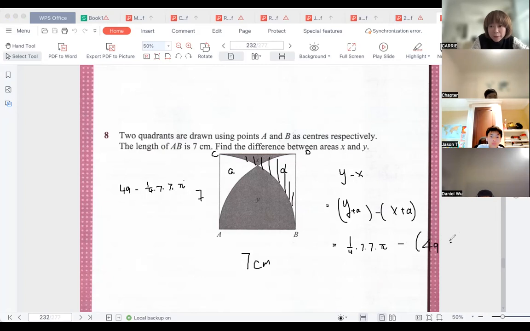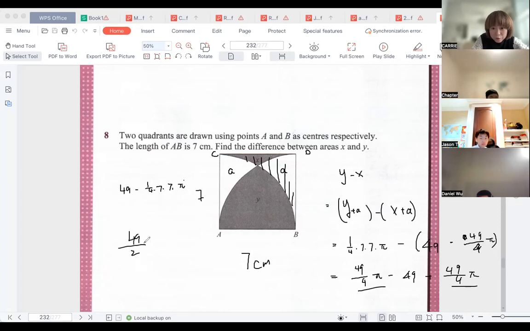So 49 over 2 pi, 对不对? Now this one is over 4. So this is 49 over 4 pi minus 49 plus 49 over 4 pi, correct? And you can add these together to get 49 over 2 pi minus 49. So that's the final answer.